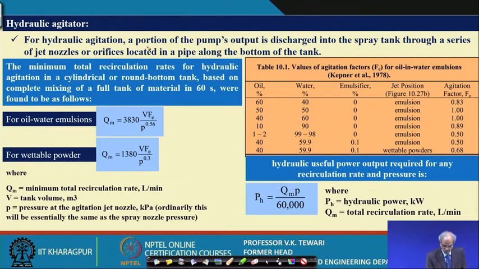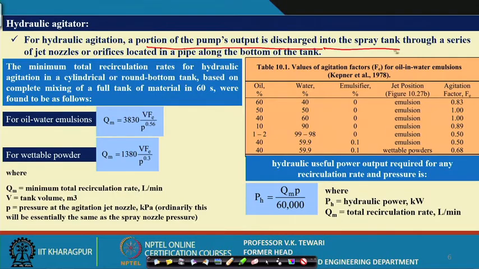A portion of the pump's output is discharged into the spray tank. This is the beauty of this: a portion of the output, maybe about 10% or 15%, is diverted back into the tank. Where is it diverted? Through a series of jet nozzles or orifices located in a pipe along the bottom of the tank.